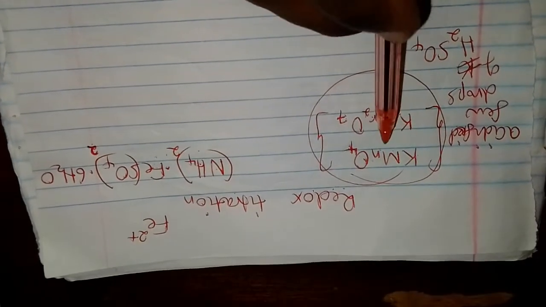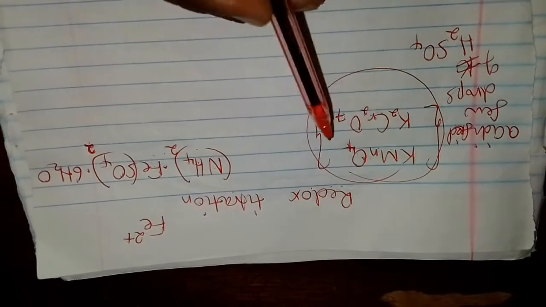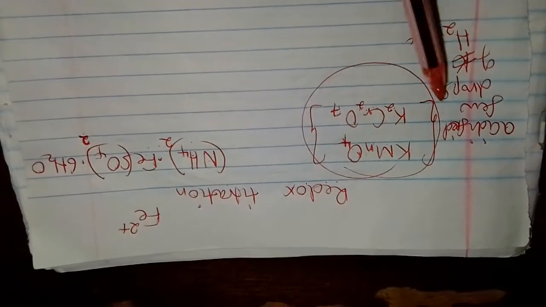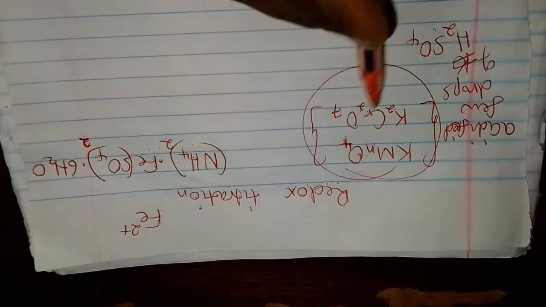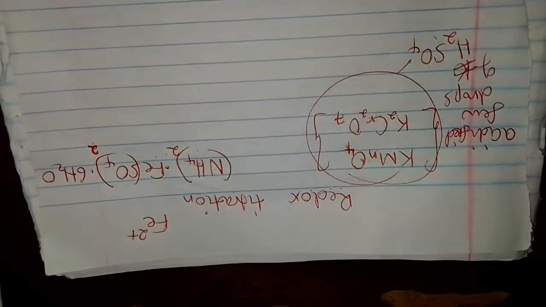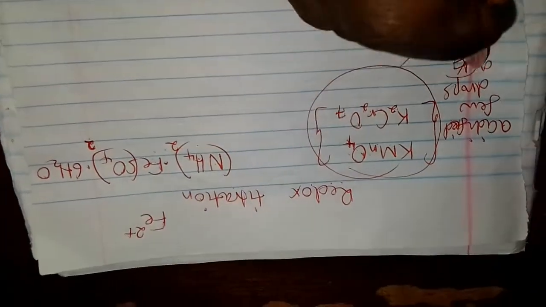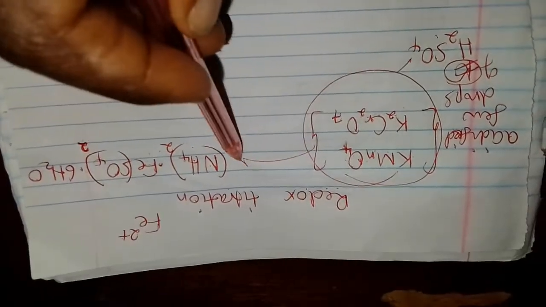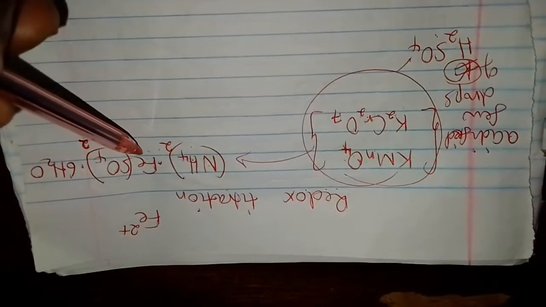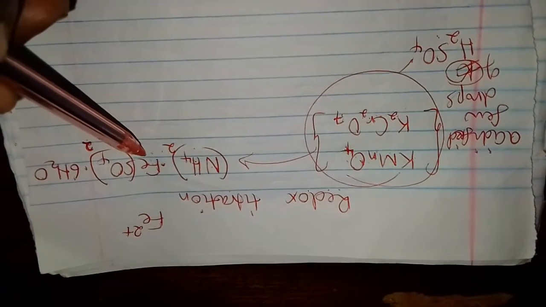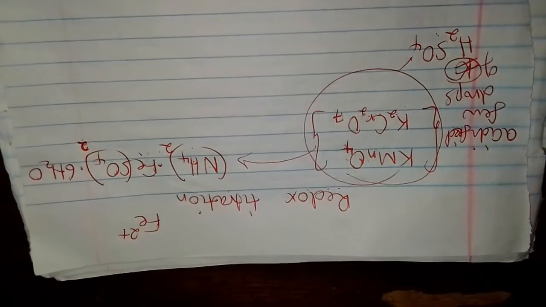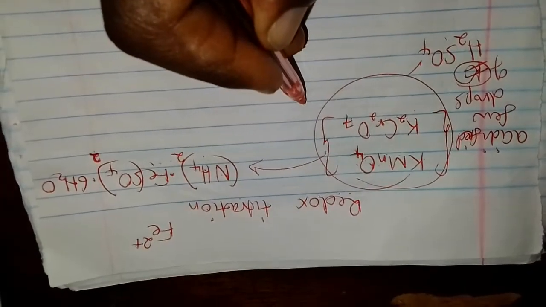In this case, if you are using potassium manganate 7 or potassium dichromate 6, you have to use very concentrated acids. So you can add a few drops of concentrated sulfuric acid to acidify the oxidizing agents containing potassium. Good. So they can now get used in oxidizing this other reagent completely, because they have ended up getting acidified.